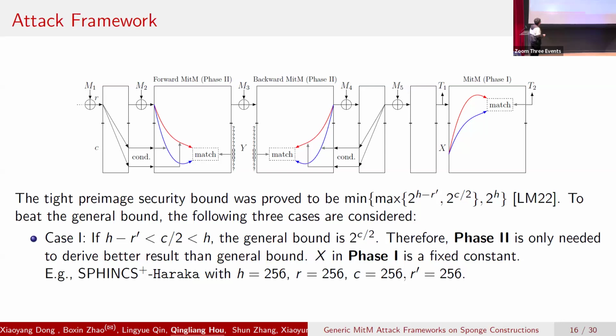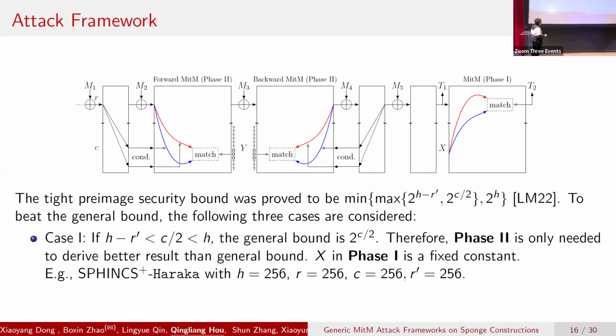According to the general bounds as stated above, there is a huge difference in time between phase 1 and phase 2. So we consider three cases. For case 1, if H minus R prime is less than C over 2 and less than H, the general bound is 2 to the C over 2, according to the formula.